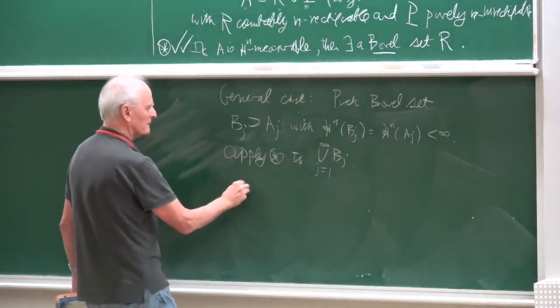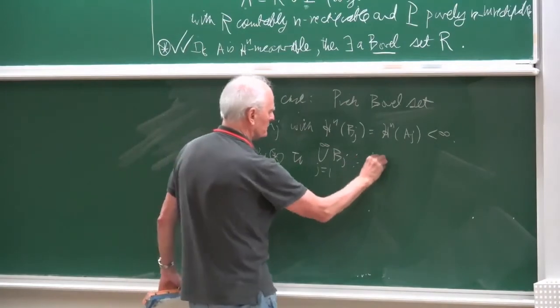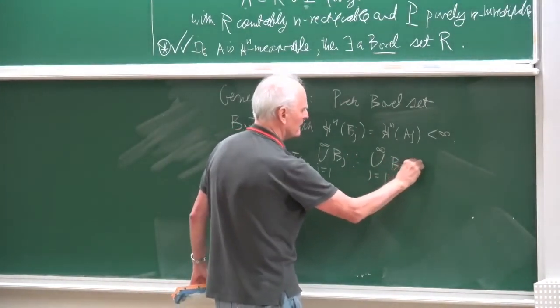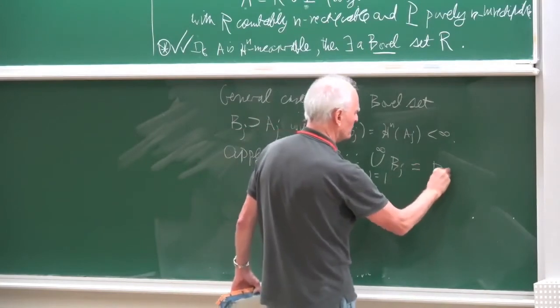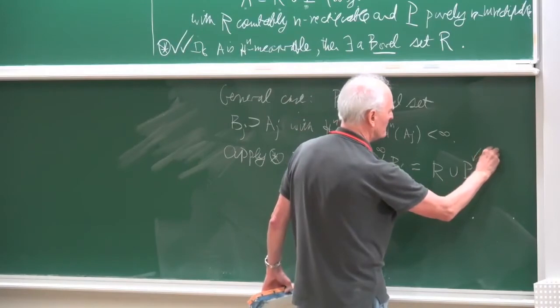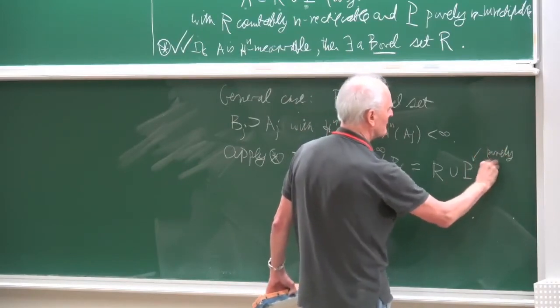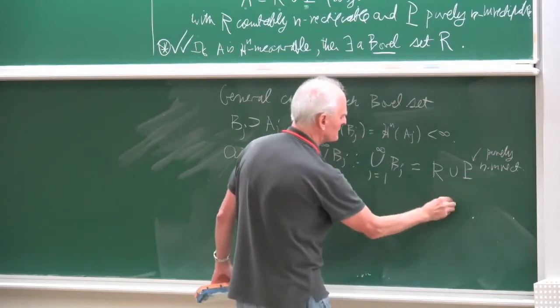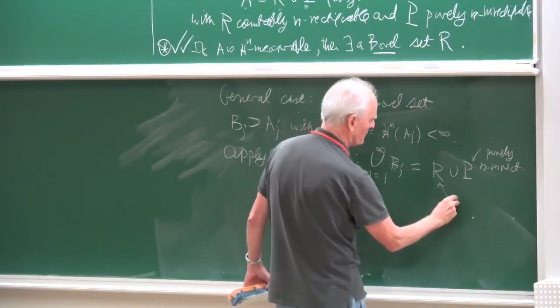Then we get that the union over j of Bj must be equal to R union P, where P is purely n unrectifiable, and R is countably n-rectifiable Borel.